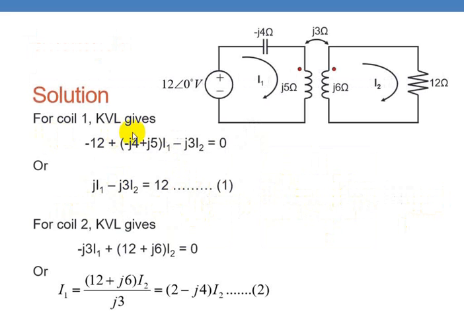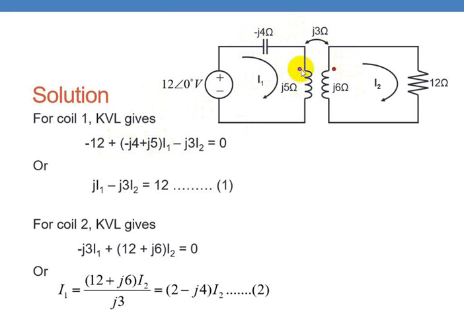So now the KVL equation for the first mesh gives these equations. Minus 12, if you are writing on the left hand side directly, for this polarity the current is coming out from the positive terminal, so you write minus 12. Then plus the I1 term, Z11, which is nothing but the sum of the resistance and reactance in this mesh. That is minus J4 plus J5 into I1. Then the mutual inductance voltage.